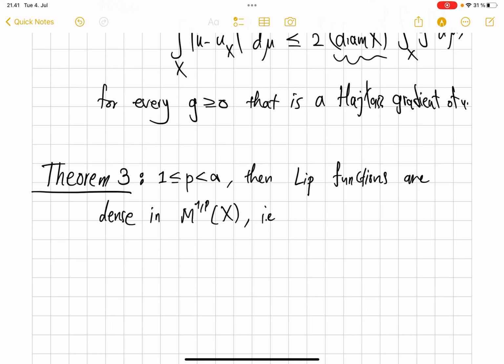So what is the meaning of this density? Well, actually this is twofold.